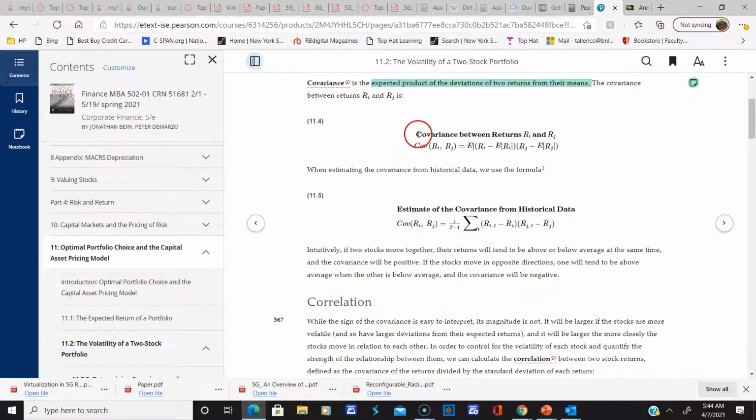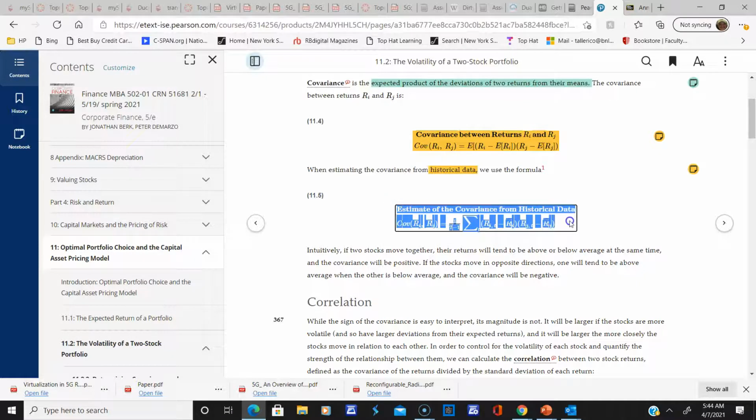This one is for future data, where we're basically assuming we know the mean in the future. And now here it is. You notice the word historical. The estimate of the covariance from historical data is shown this way. So there are actually two equations.